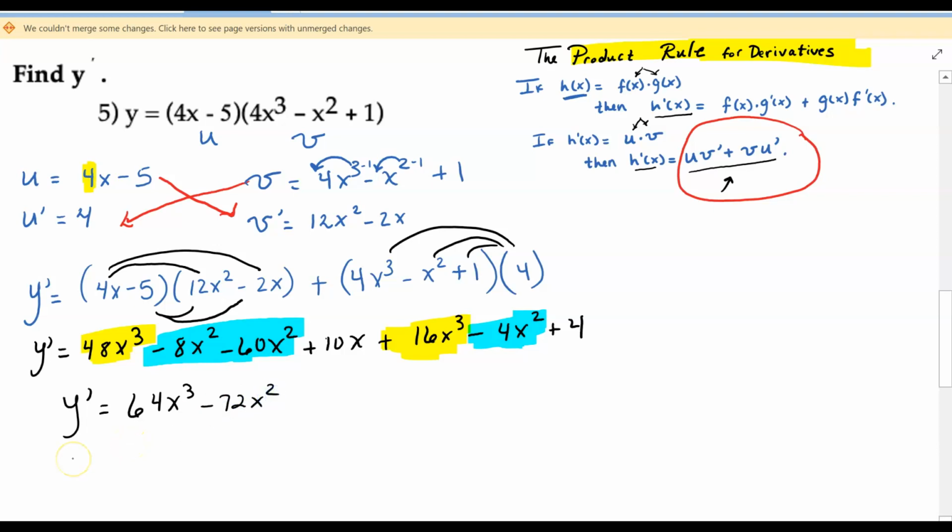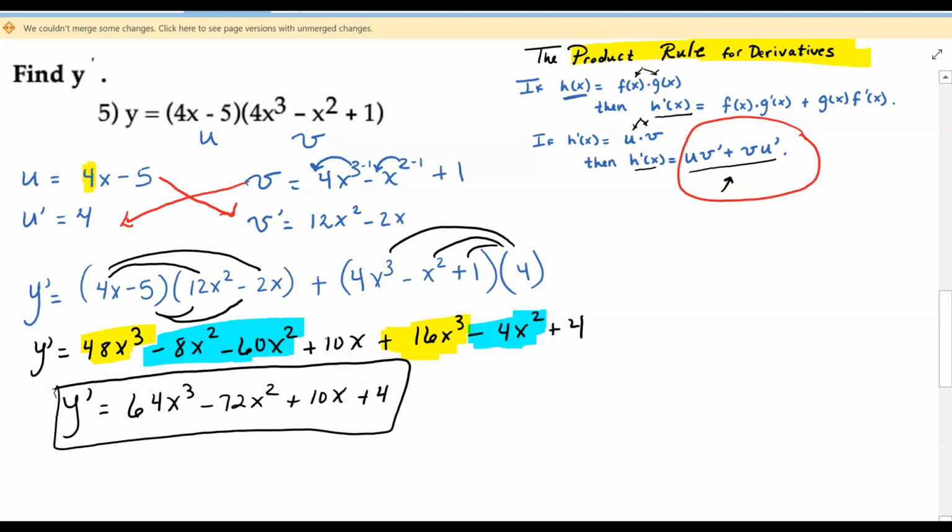I don't think we have any more like terms, so we're just going to tack on the 10x and the plus 4. This right here is my answer, my y prime. This is the derivative using the product rule. All right, let's take a look at one more example.